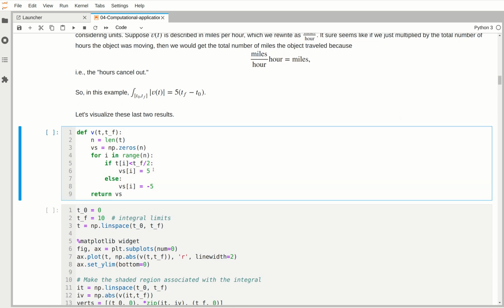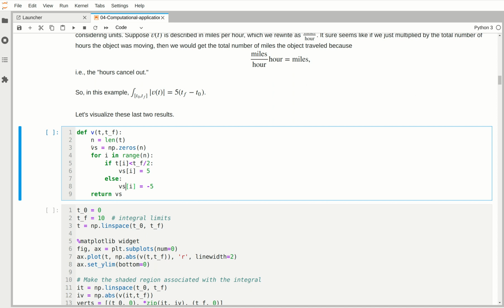So to visualize these results, because we're going to build up to understanding what an integral means in terms of its relationship to a curve, we're going to define a function v of t. We're going to look at t given as an array of times. We're going to assume t0 is 0, and tf is some final time. And then we're going to look at the times that are less than half the final time and make those equal to 5 for the velocity and -5 for the other half.